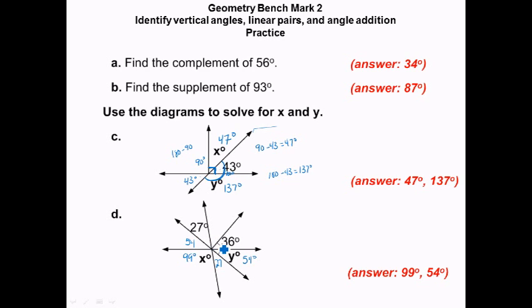But this part's 90, which means this part's 90. And so I could do 90 minus 27, and I could find this. 90 minus 20 is 70, minus 7 is 63. So you could find all of them if you needed to.